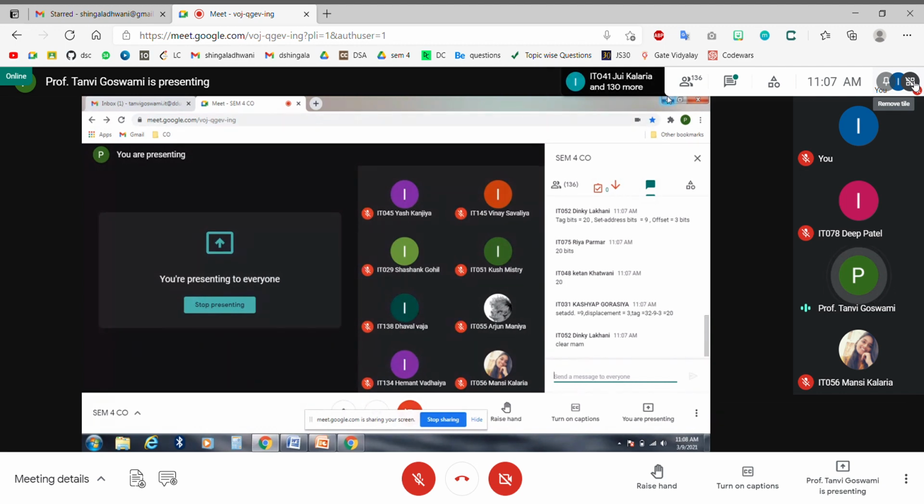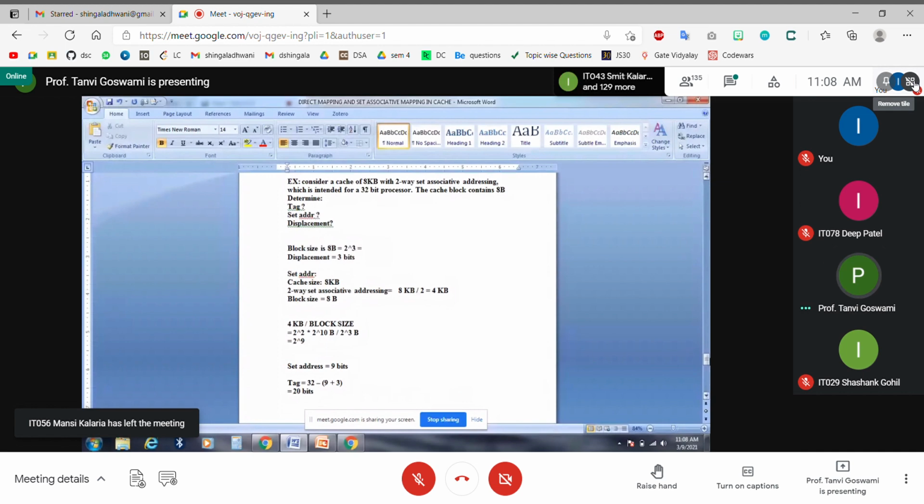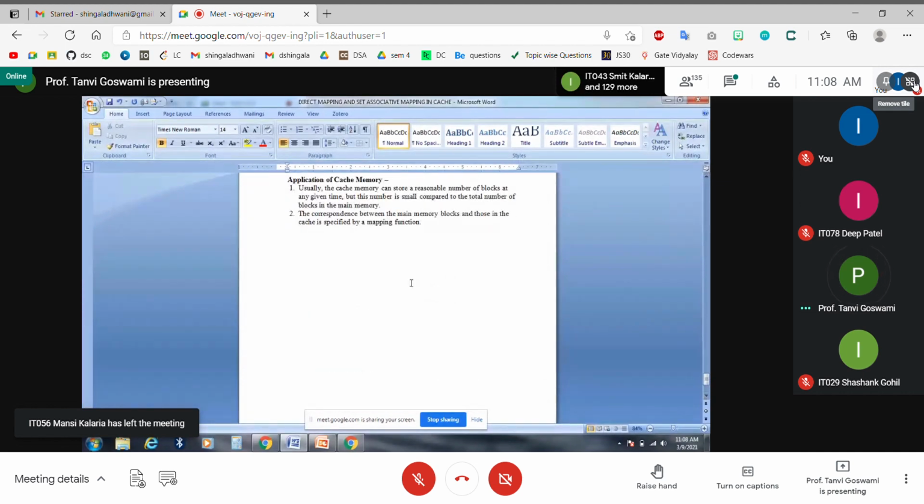Fine. So I'm giving you a more complex example now. So here is an example for you. We are having a 4-way set associative cache, which is initially empty, with a total of 16 cache blocks.